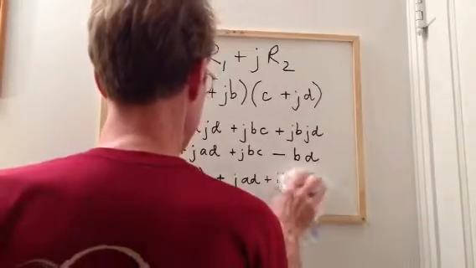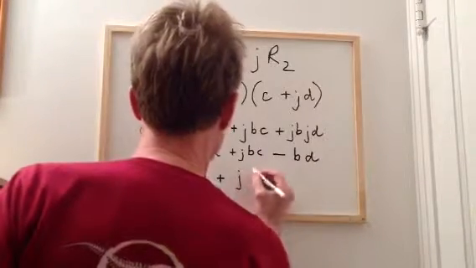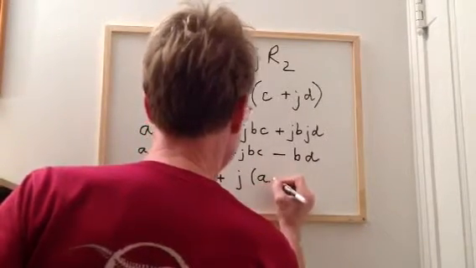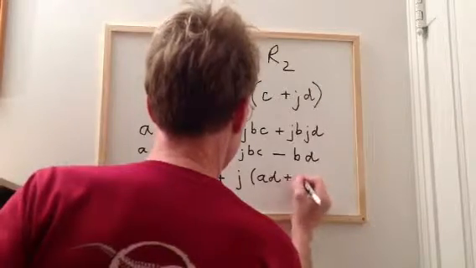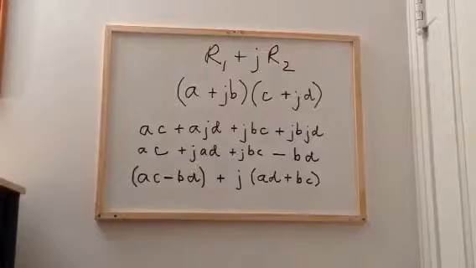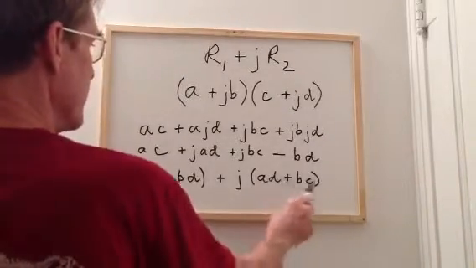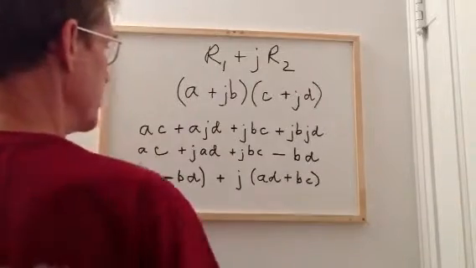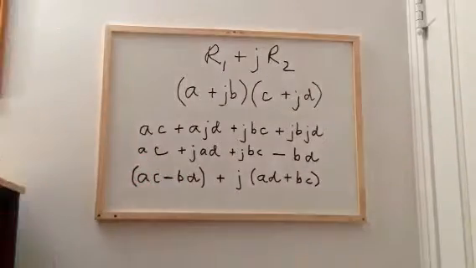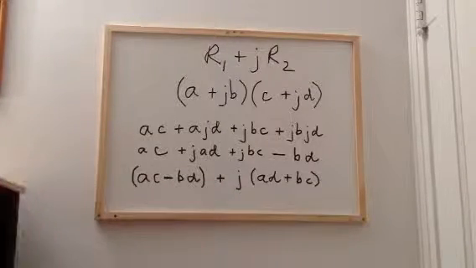That is the same thing as saying J times AD plus BC. That's a real number because when we multiply two real numbers, we get real numbers, and when we add those two real numbers, we get another real number. So this is in the form that we need.